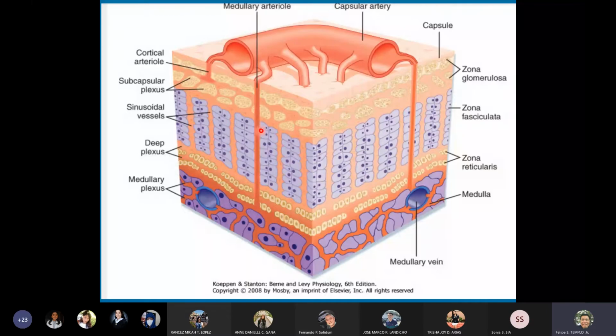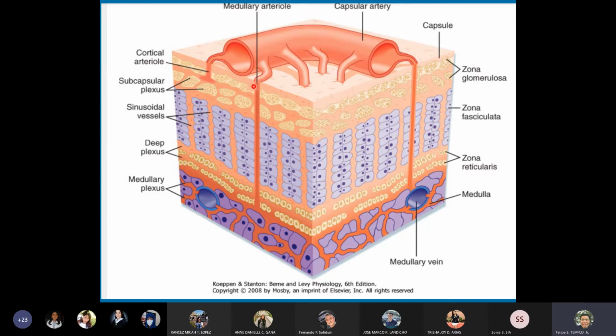It's a similar slide. One of the unique features of the blood supply of the adrenal glands on cross section is the medullary arterioles here and the capsular artery. Take note that they originate from the outside, from the capsule, from the cortex, and go deep into the medulla.